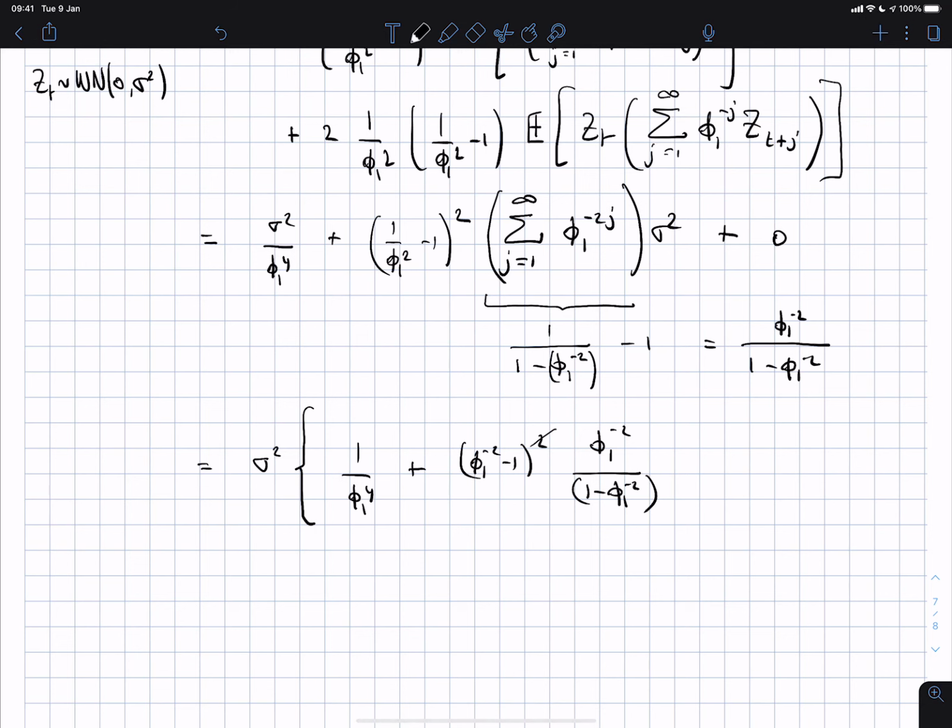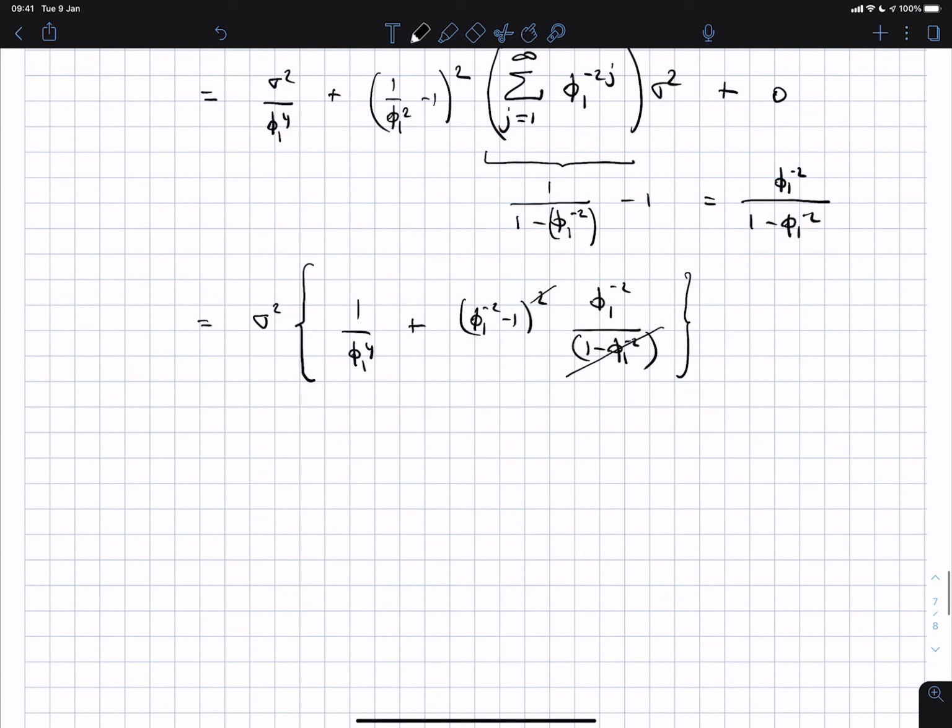And one of these guys will cancel out with that guy. So I'm left with this. So what's that? At the bottom I have phi 1 squared, and at the top I have 1 minus 1 over phi 1 squared. And I think I'm nearly there. I got this. This is long.